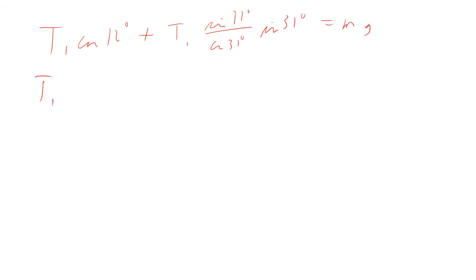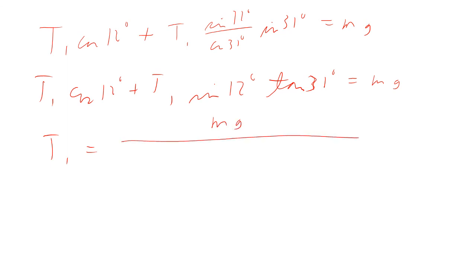So that's T1 cosine 12 degrees plus T1 sine 12 degrees tangent 31 degrees, because sine over cosine is tangent, equals mg. So T1 equals mg divided by cosine 12 degrees plus sine 12 degrees tangent 31 degrees.